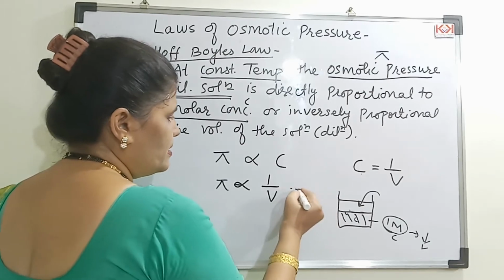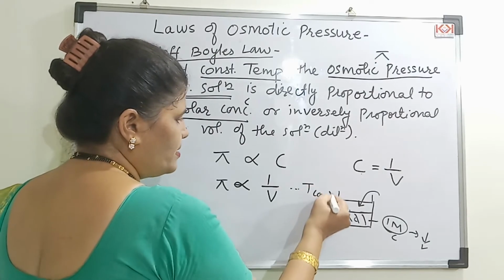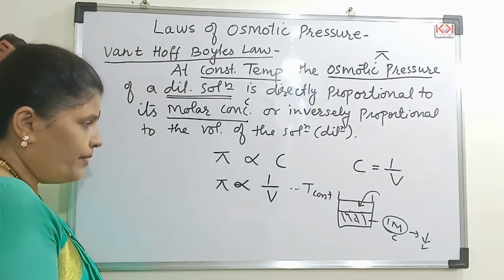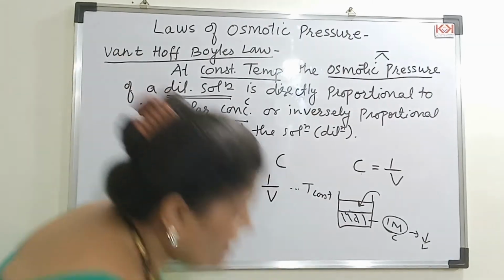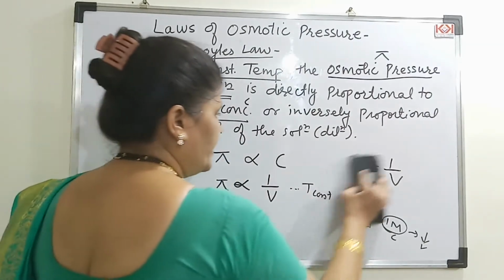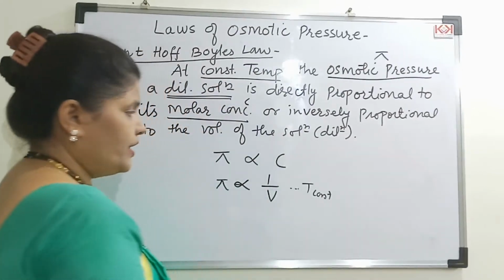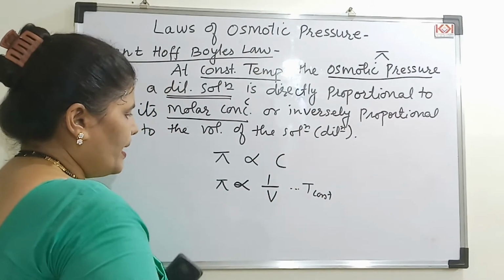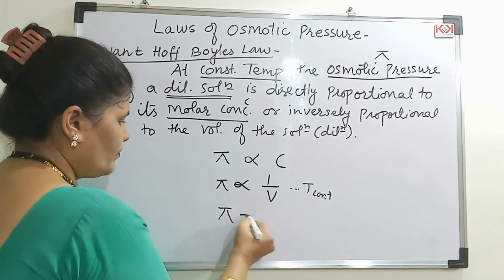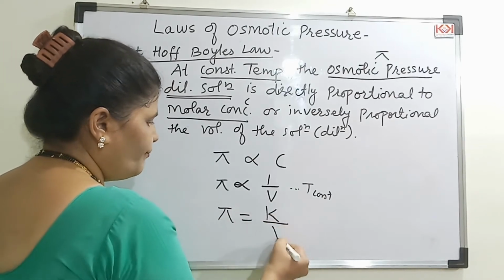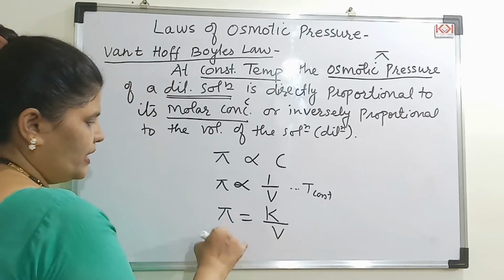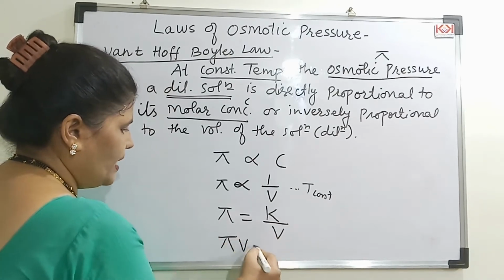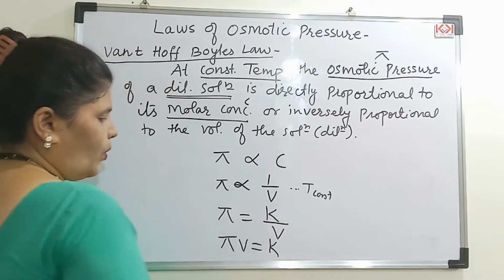In both the cases, I must write that temperature remains constant. Now we never keep the equation in this form, so I will be using a proportionality constant, that is K. So how can I reframe the equation? Pi is equal to K by V. If I bring this V to this side, I get pi V is equal to K. Now what is K, students?